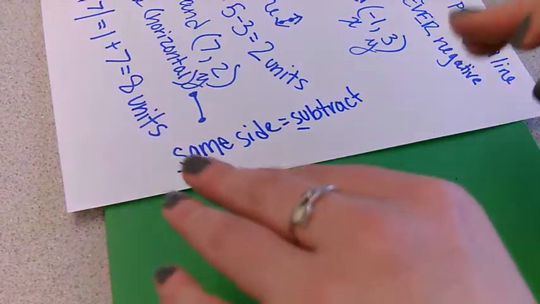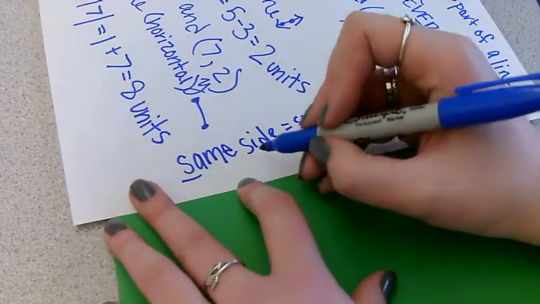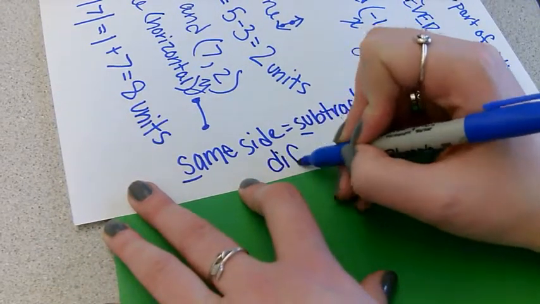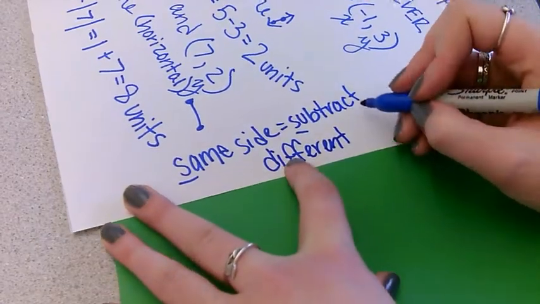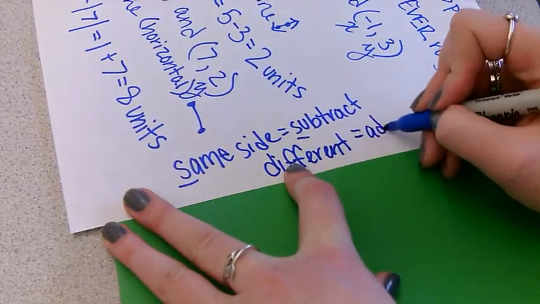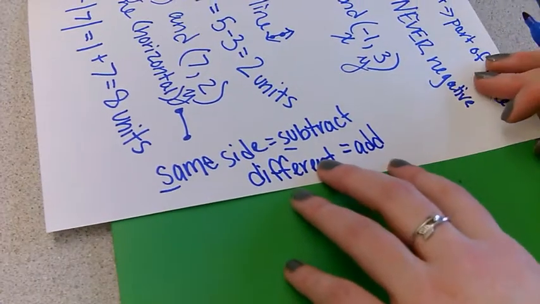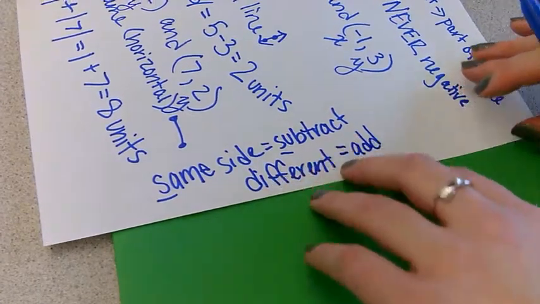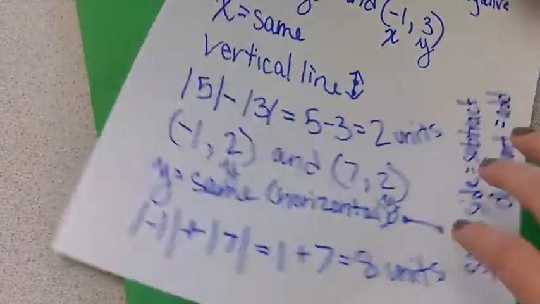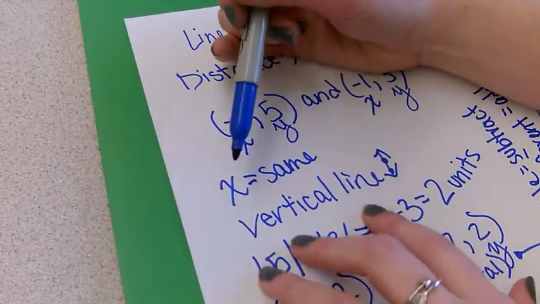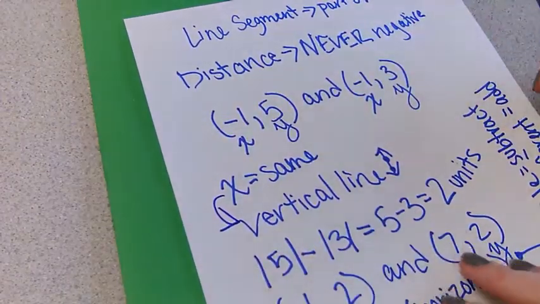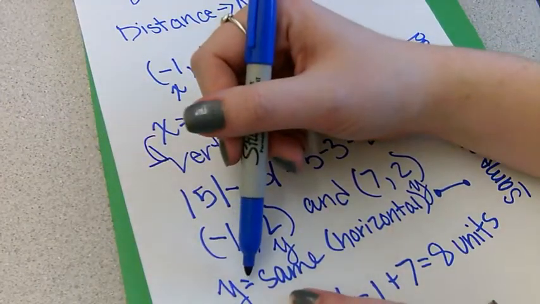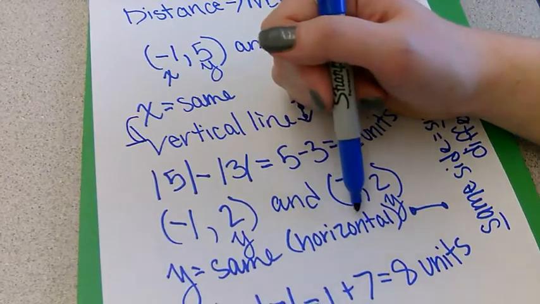It has to be both x's. Then, different side of 0, you add. And then we have, when the x is the same, we have a vertical line segment. When the y is the same, we have a horizontal line.